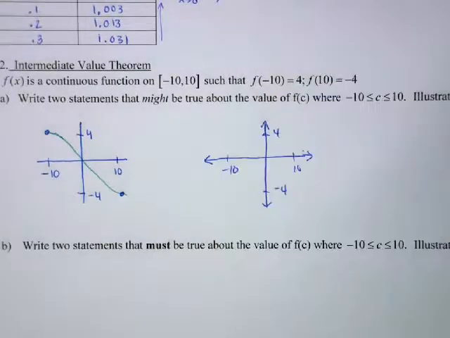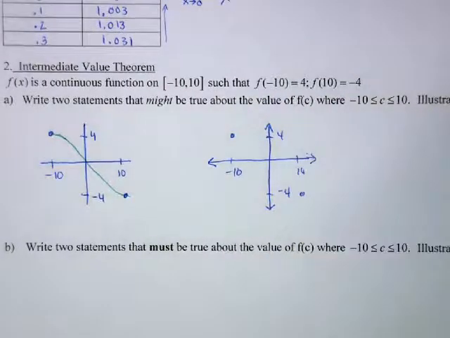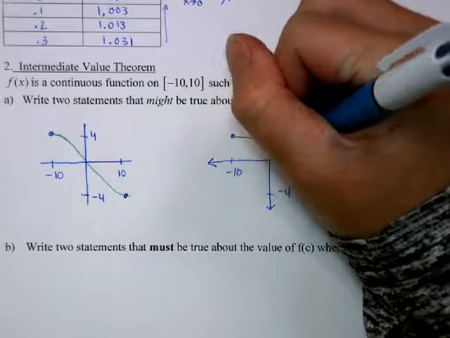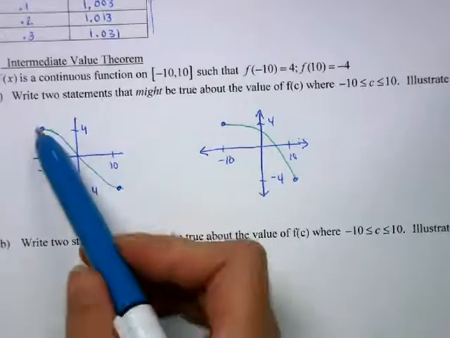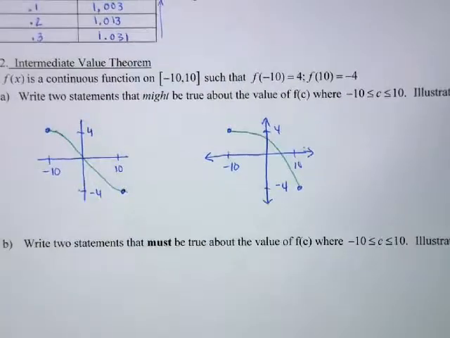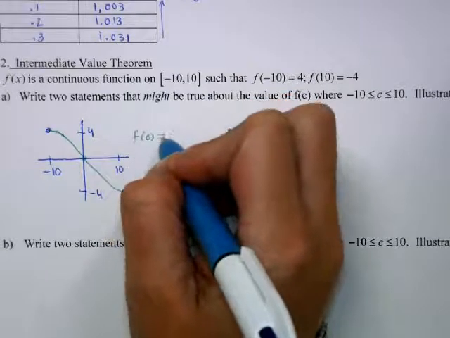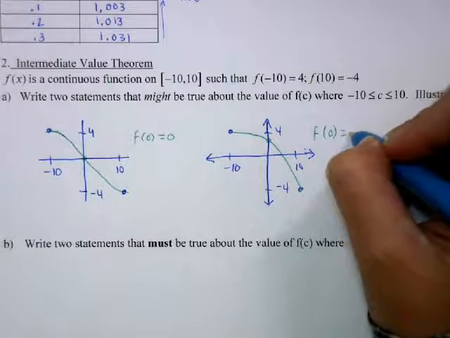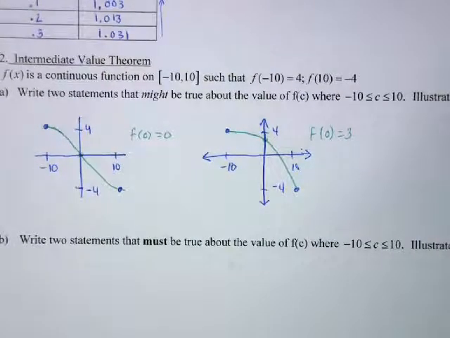Let's say I go like that this time. Okay, it's continuous. We have to connect this point to this point. But here I'm going to say f of 0 is 0. Here I'm going to say f of 0 is 3. These are things that could be true. They don't have to be true, because obviously I drew the graph 2 different ways. So it might be that way.